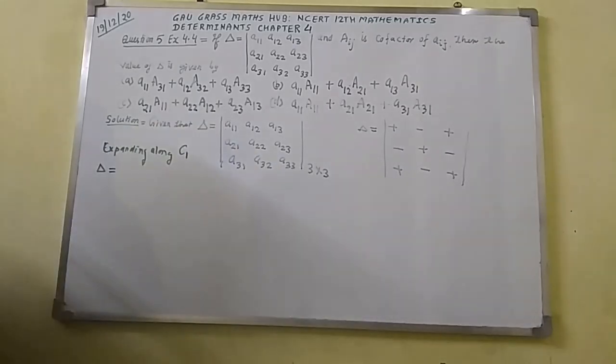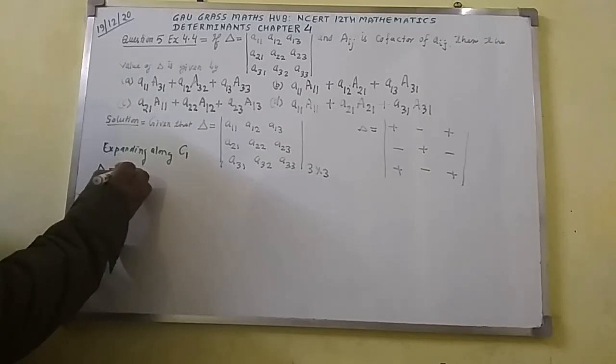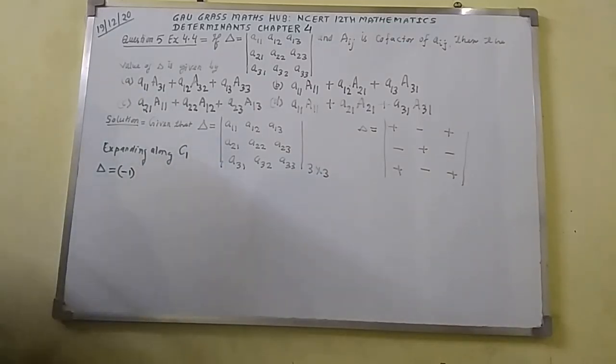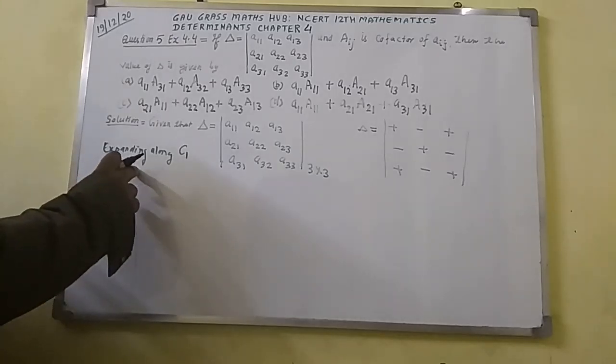Here you can see the element a11 is there in the first row and first column. So here I shall write minus 1 raised to the power i plus j, where i represents the row position.